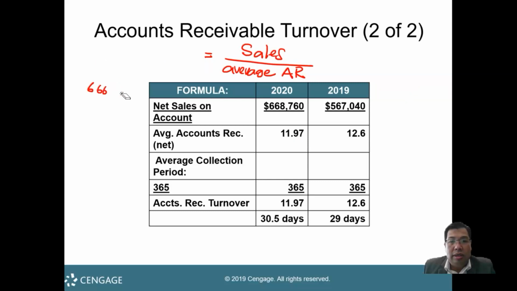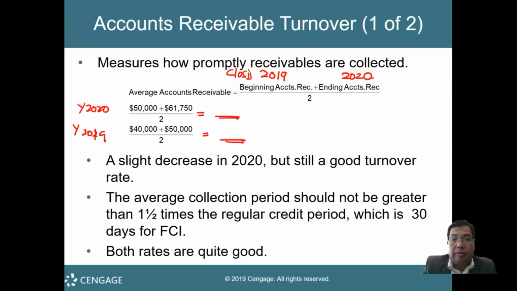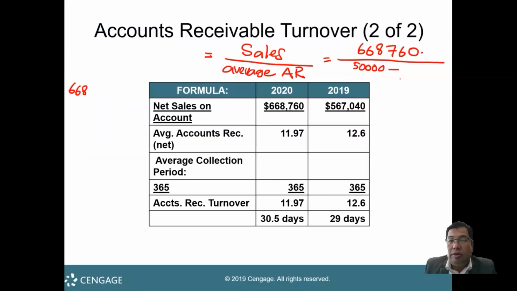668,760 divided by your average, 50,000 plus 61,750, divided by 2.